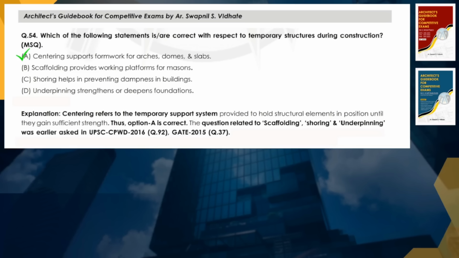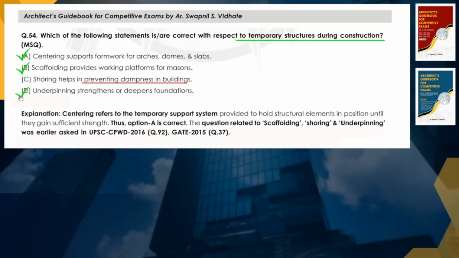The questions related to scaffolding, shoring, and underpinning, all these three terms given at option B, C, and D respectively, we have already discussed in UPSC CPWD 2016 at question 92 and GATE 2015 at question 37. So I think identifying the incorrect option from these three options was not difficult. The third option says shoring helps in preventing dampness in building.